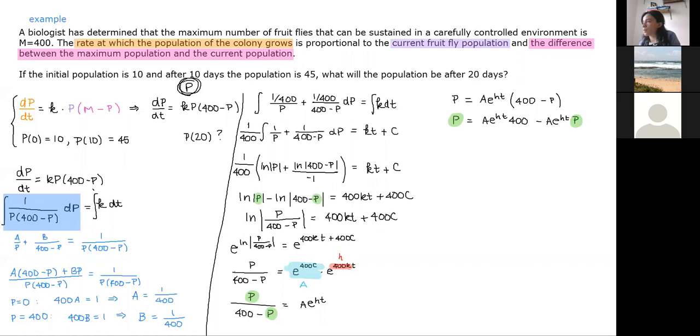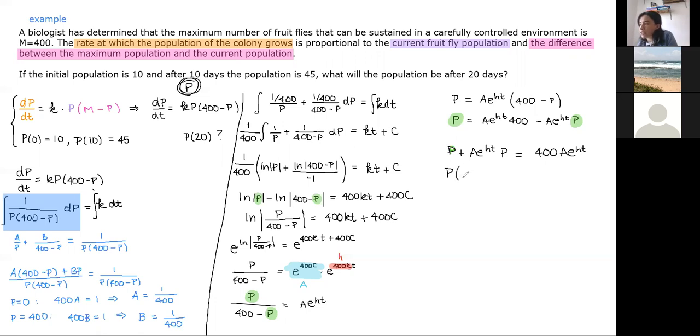So if I can, what I'm going to try to do is to put everything in terms of p on the same side and everything that's not in terms of p on the other side, which means on the left-hand side, I'm going to end up with p plus a times e to the ht times p, which is going to be equal to 400 a e to the ht.